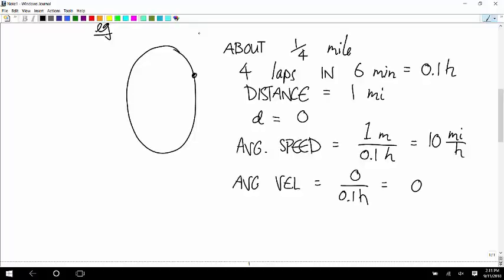The displacement is just the position at the end of the interval at T2 minus the position at the beginning. So if the position at the end is the same as the position at the beginning, then they cancel each other out and you just get 0. So that's just always true if your later position is the same as your starting position.